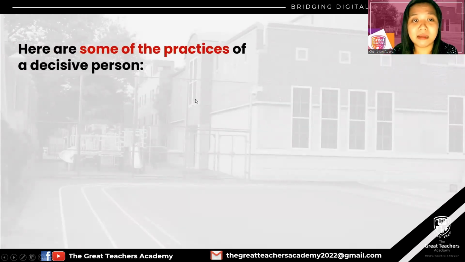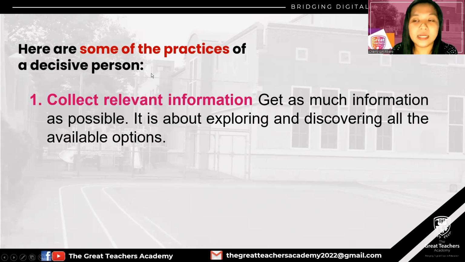So here are some tips, by the way. Here are some of the practices of a decisive person. Number 1, collect relevant information. So, grade 12 na kayo. Ano nga ba yung mga important things na kailangan nyong i-decide habang kayo ay nasa grade 12?